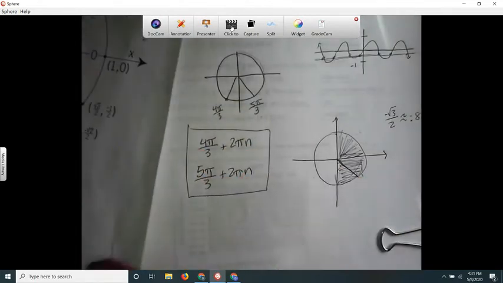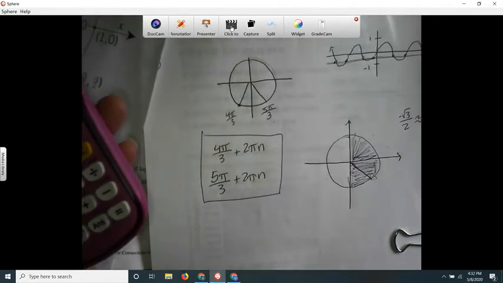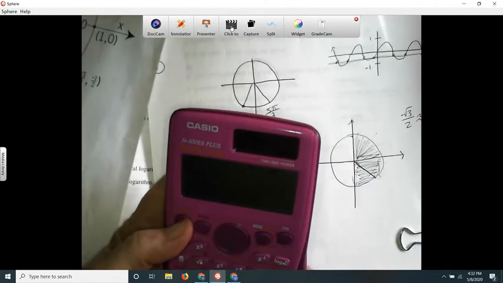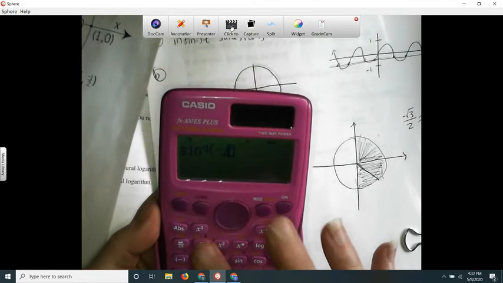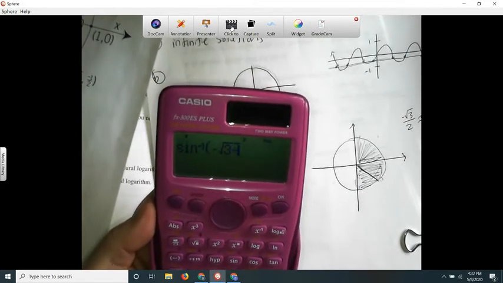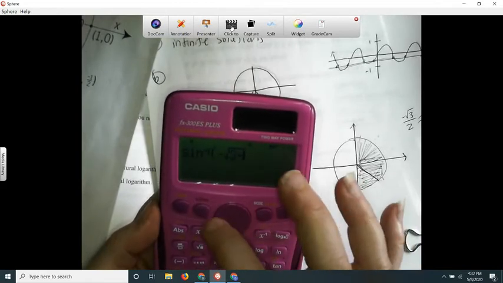I don't know. Let's get into radian mode and check it out. Am I in radian mode? I can't even tell. It's a little tiny and I can't read it. I think it's a little r. So I want to take the inverse sine of negative root 3 over 2.